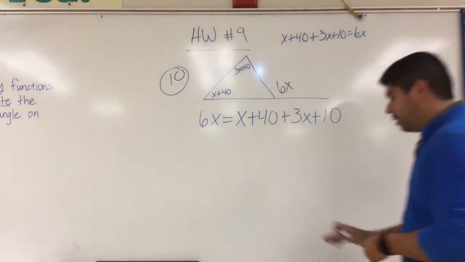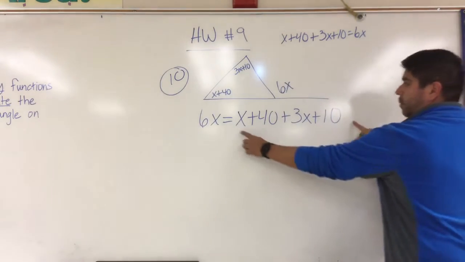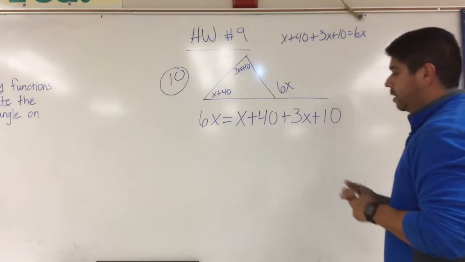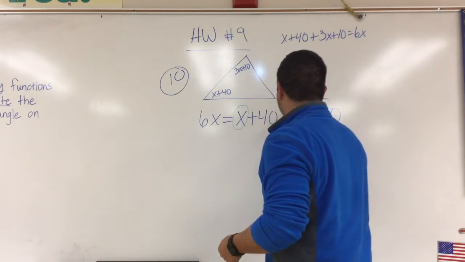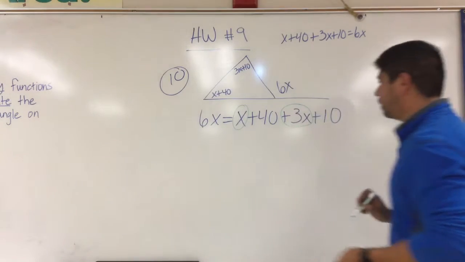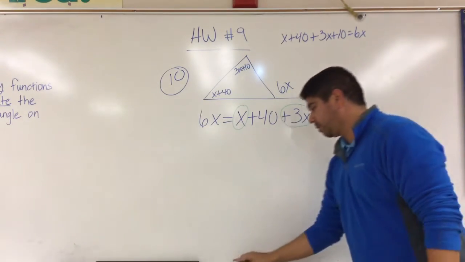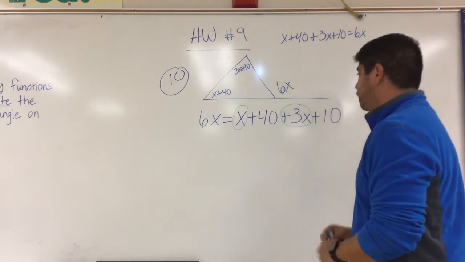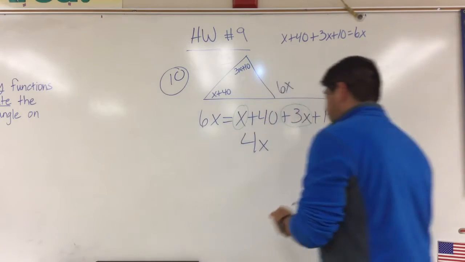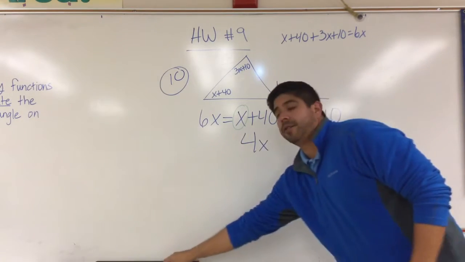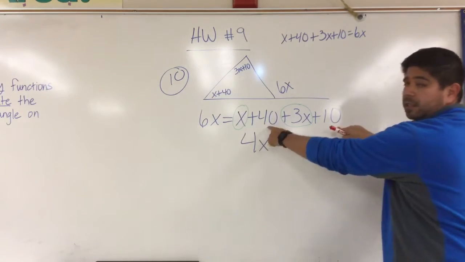Okay, so now that I have that, if I look over on this side, I can combine like terms. So in green, I'm going to circle x and then plus 3x. So 1x, right, plus 3x is going to give me 4x. I just combined those two. All right, now in red, I'm going to do the rest of the like terms, the constants here.